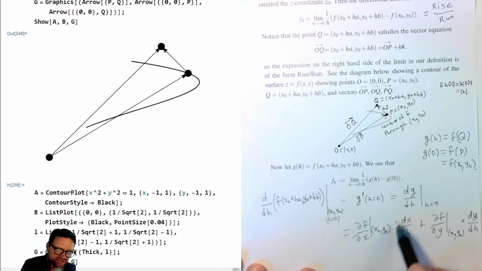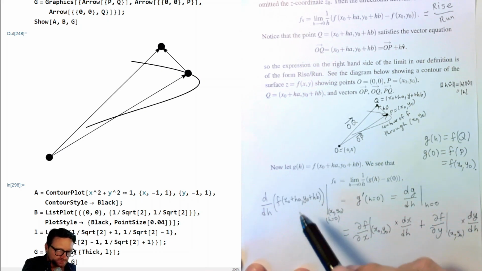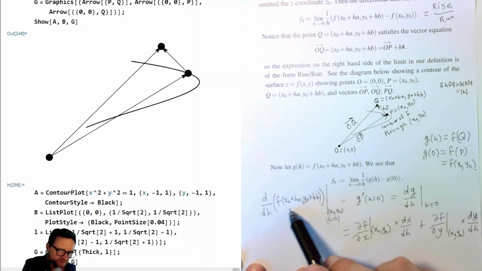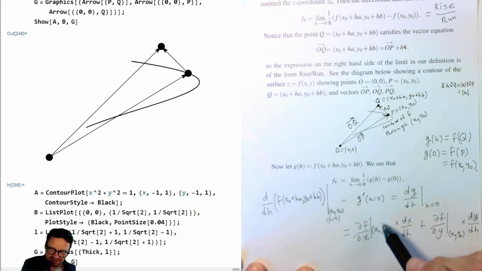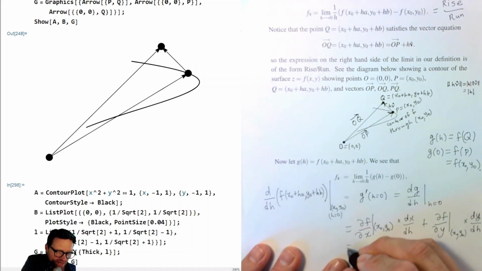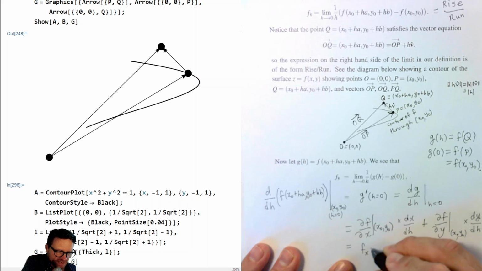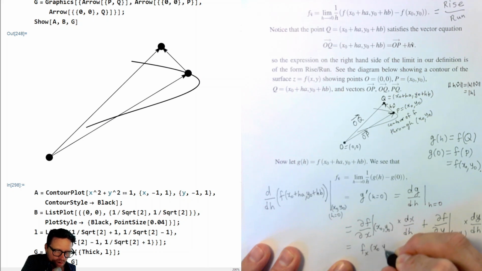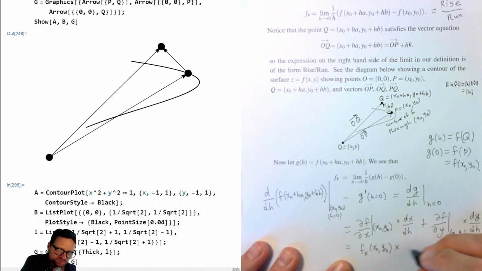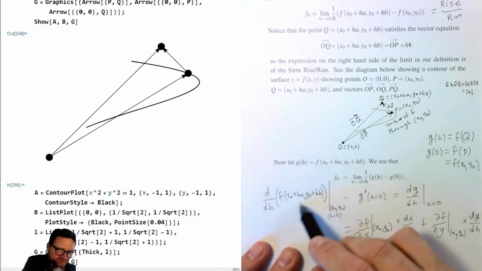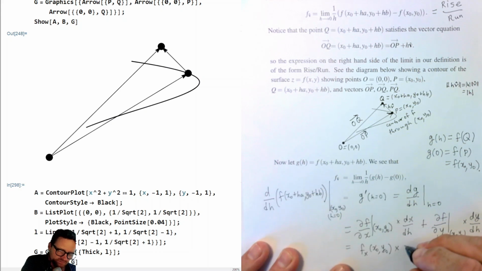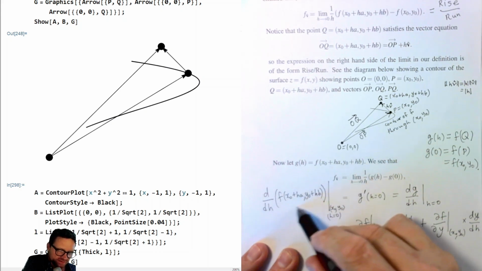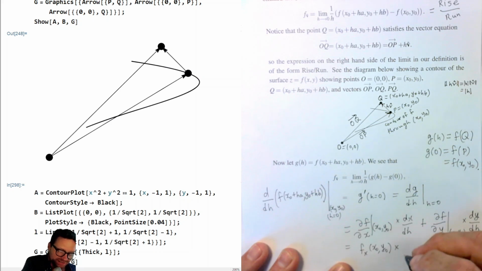Okay, now dx on dh, we can write this in a different way as f subscript x at x0, y0, and then all of this multiplied by a, because differentiating x0 plus ha with respect to h, we have a.